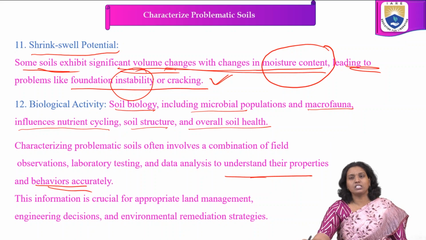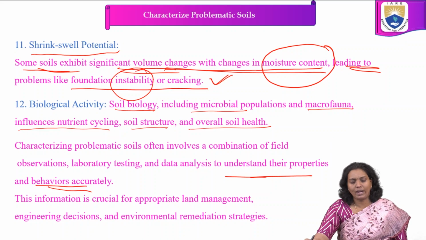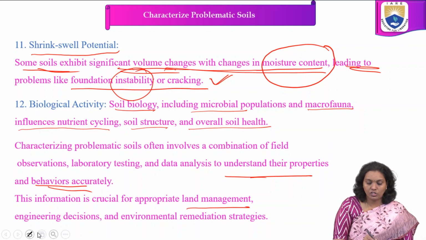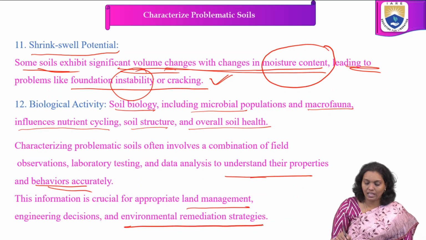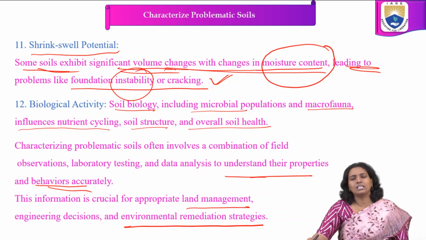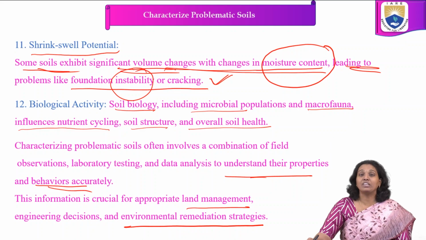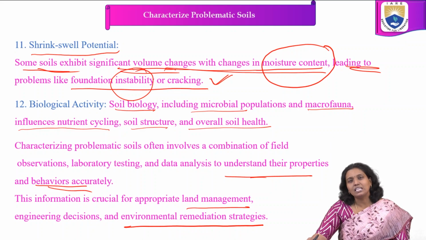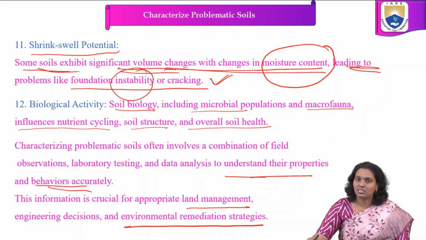This information is very crucial for appropriate land management, engineering decisions and environmental remediation strategies. All these parameters are very helpful for getting a better understanding of the soil condition, and of which parameters influence and affect it, for reducing the effect and getting better results.